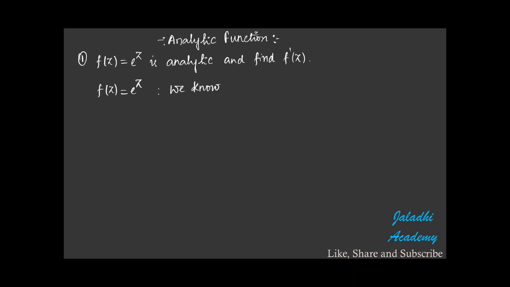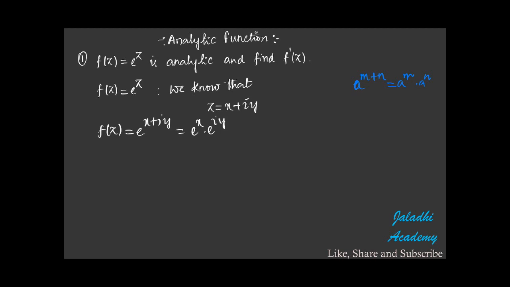we know that z is equal to x plus iy. So in that case, we can write f of z is equal to e power x plus iy. By using the laws of indices, a power m plus n is equal to a power m into a power n, we can write e power x plus iy as e power x into e power iy.